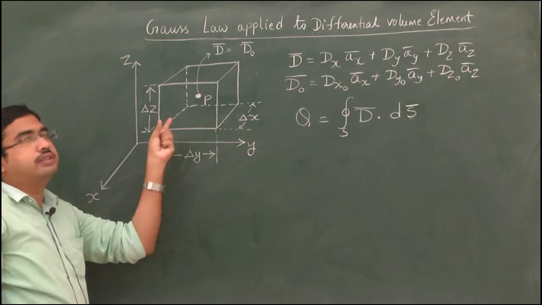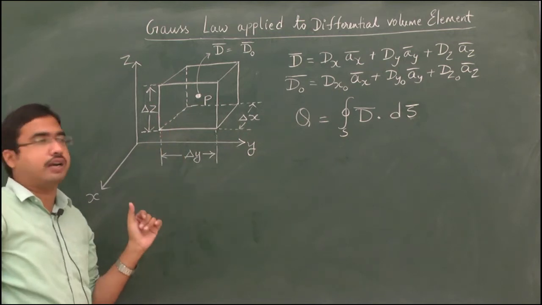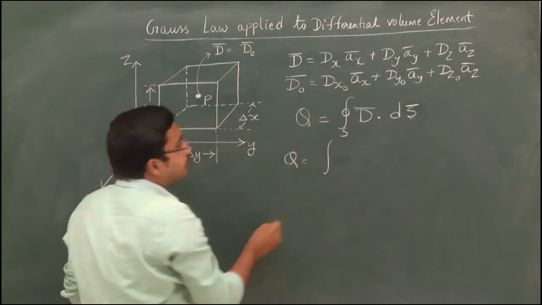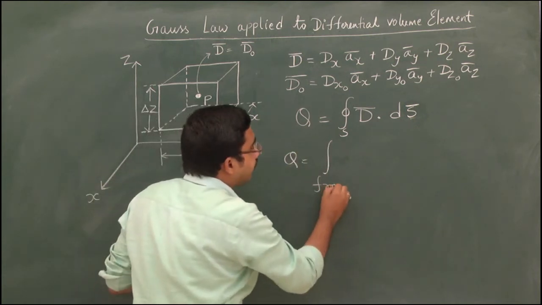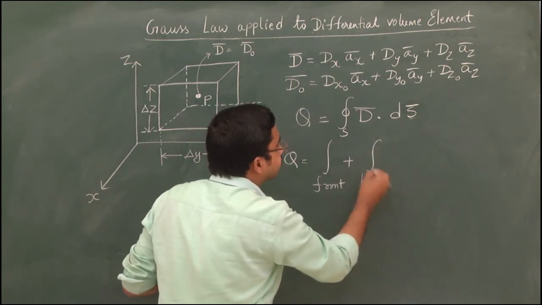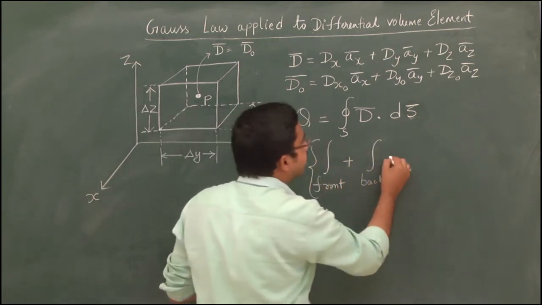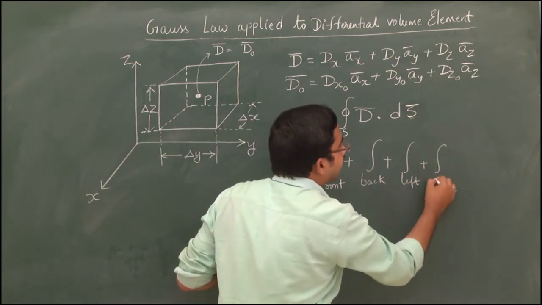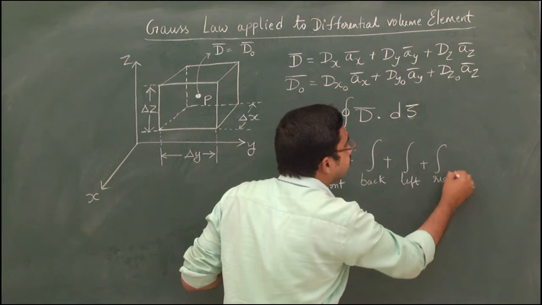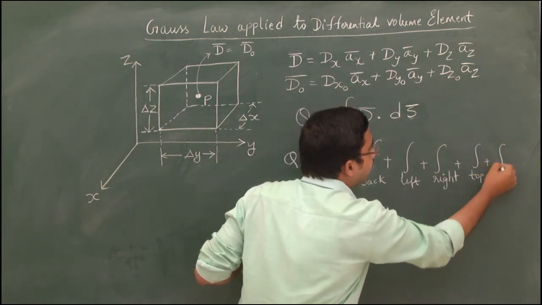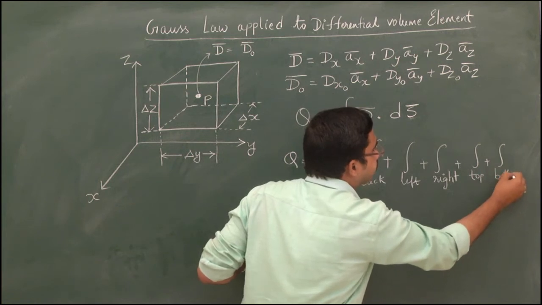So we can split the surface integral into 6 parts. That means Q is equal to integral front side plus integral back side plus integral left side plus integral right side plus integral top plus integral bottom.